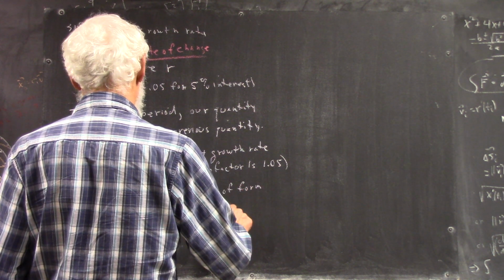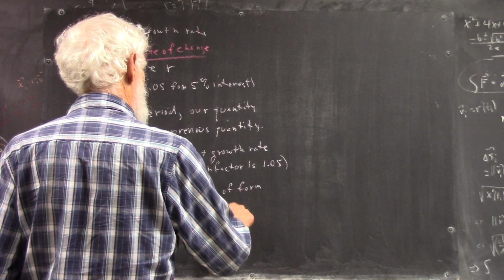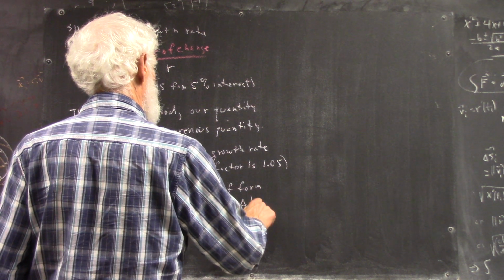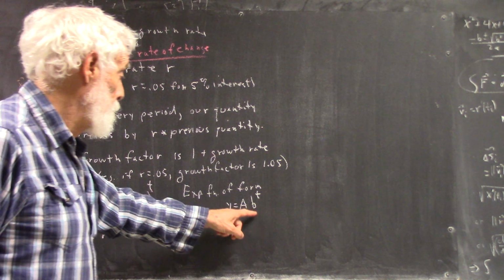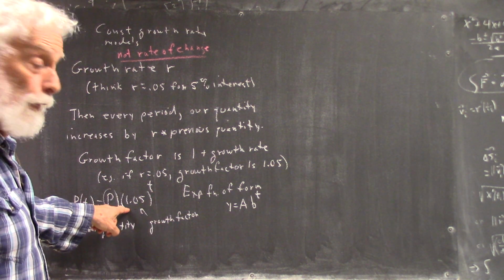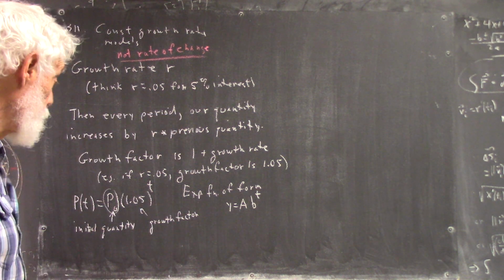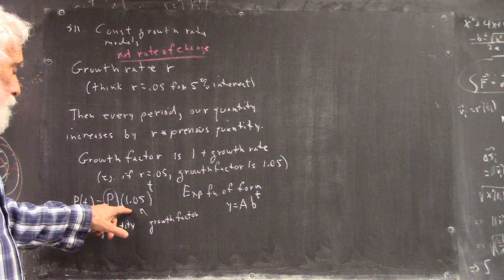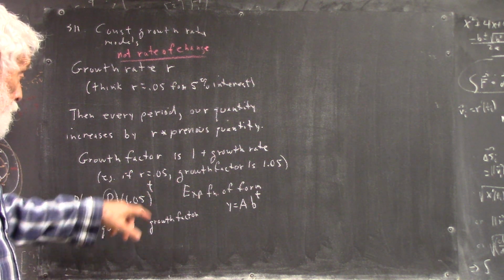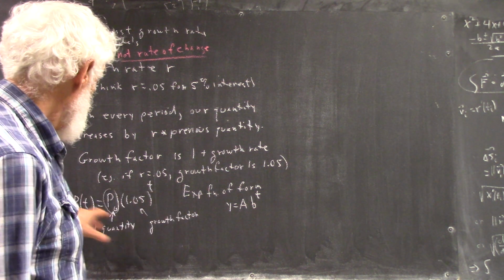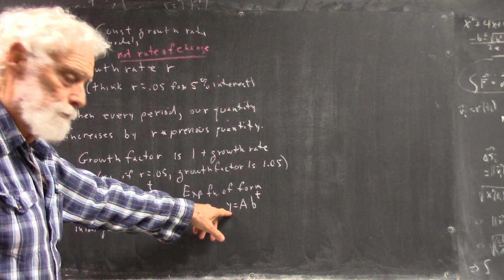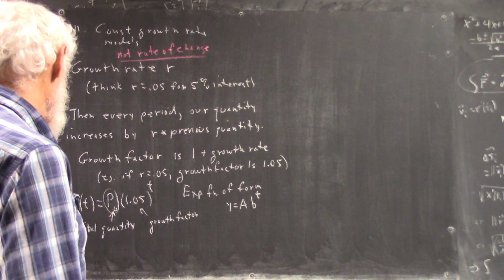The general form of an exponential function is like y equals a b to the t. So b is identified with your growth factor, which is just 1 plus your growth rate. So in this case, we have our 1.05 to the t, we have our initial quantity, which is like the a, and our p of t corresponds to the y.